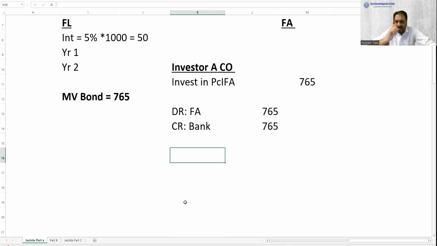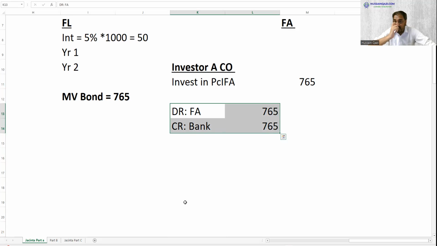IFRS 9 says that you don't need to make any allowance for this financial asset because it's already credit impaired. Whatever the impairment context, it has already been incorporated in this 765 value. How? I will cover this point, don't worry.